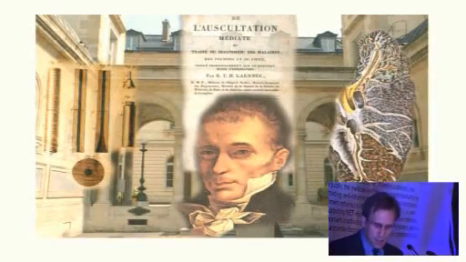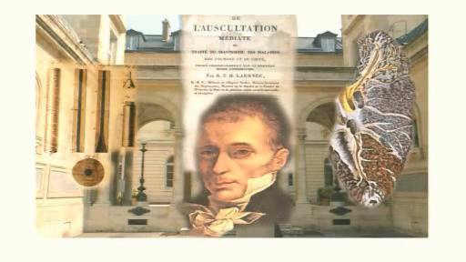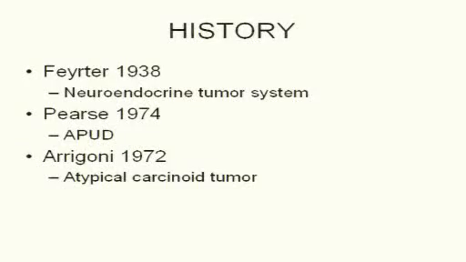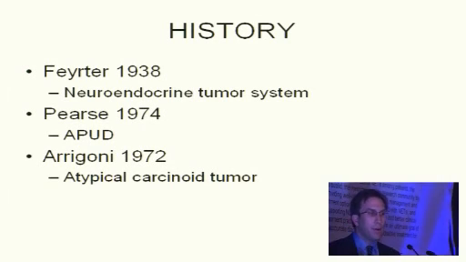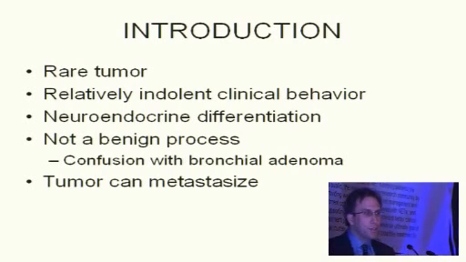So this is Laennec, who described carcinoid tumor of the bronchus, and Feyrter in 1938 described the neuroendocrine tumor system. Pearse coined the term APUD that was discussed before, and Rigoni described for the first time atypical carcinoid tumor. So it's a rare tumor, as Dr.